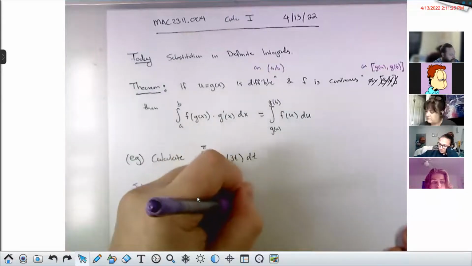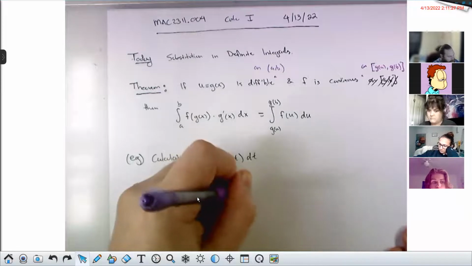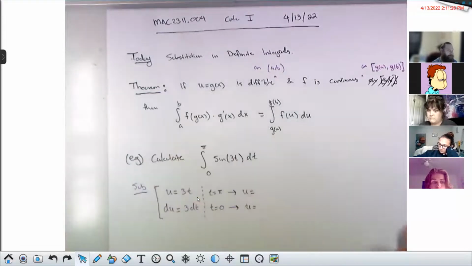Now these new bounds are going to be values of the variable u. So this 0 and that pi, those are t values, right? And this is a dt integral, so those bounds are t values. When I make the substitution, I'm going to be changing it into a du integral, so these guys are going to be u values, right?